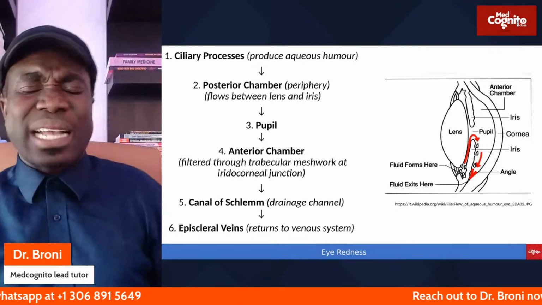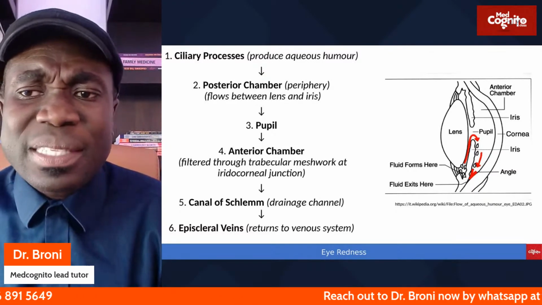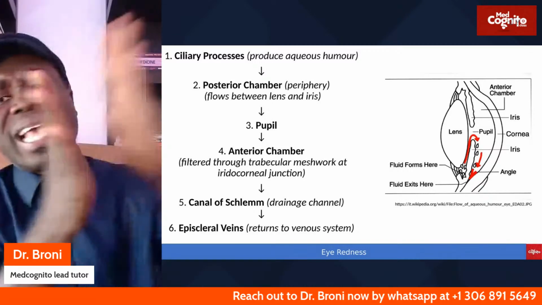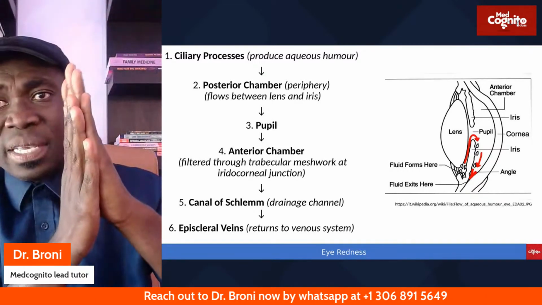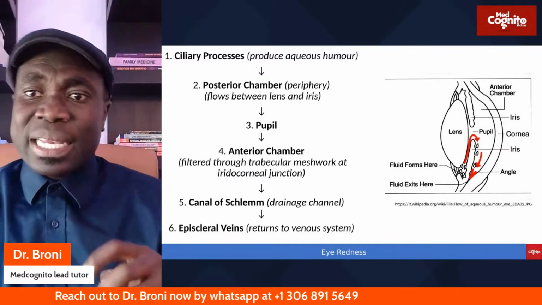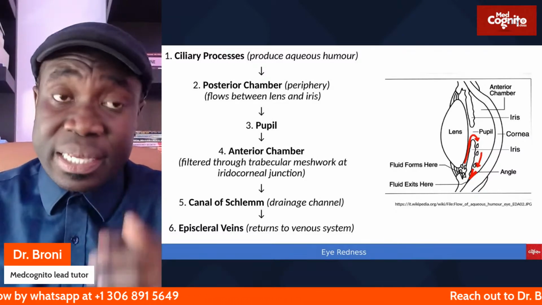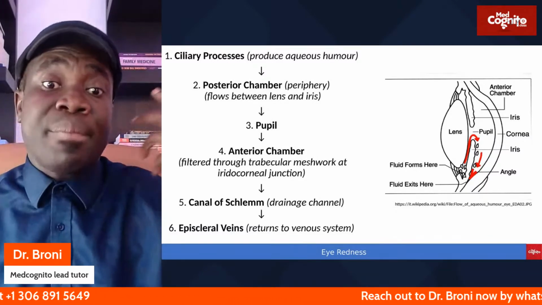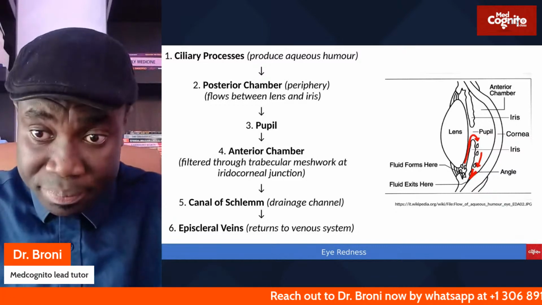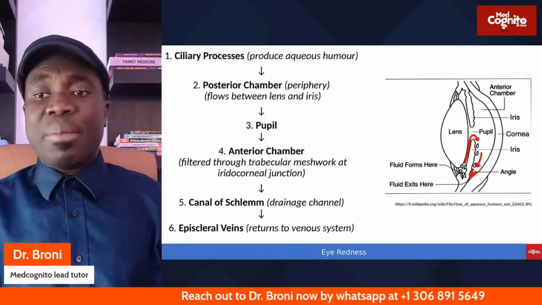Okay, so just think about it. Assuming something is putting the lens close to the iris, what will happen is that the fluid is going to build up there, and there can be a big problem. Okay, so please let me pause here.